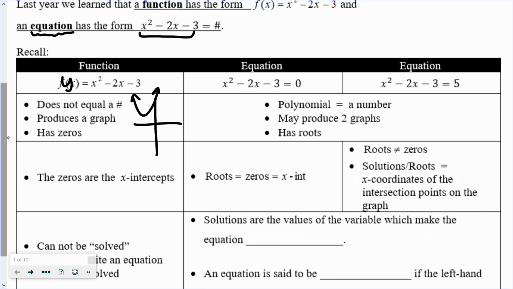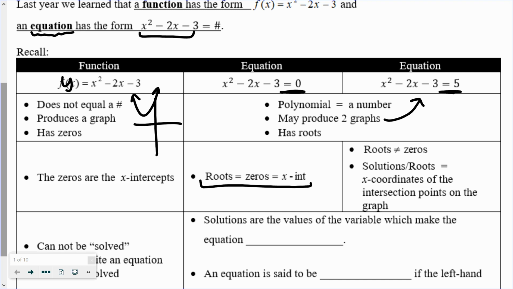Whereas when we get over to equations, now we have them equal to something, equal to 5, equal to 3. Depending on what you do, you can produce two graphs. Your roots are equal to your zeros are equal to your x-intercepts in the case when it's equal to 0, whereas if you have it equal to a value, your solutions or your roots are equal to the x-coordinates of the point of intersection with the graph.